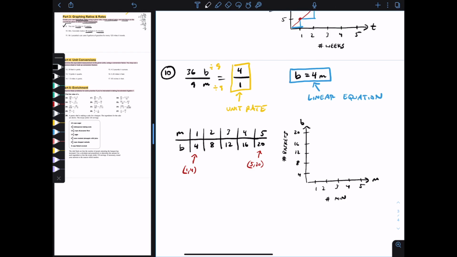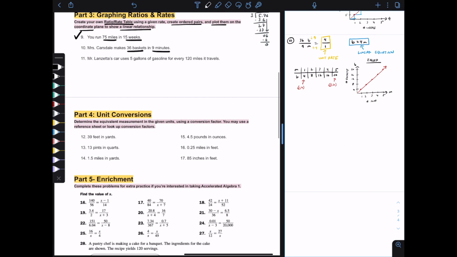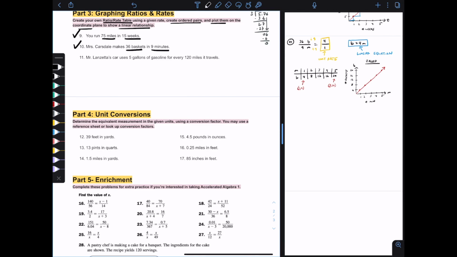And I'm going to label this baller, because why not? 1, 4, 2, 8, 3, 12. This is definitely easier if you have graph paper. And you would draw something that looks like this. Okay, so there we have number 10. Oops, number 10 is now done.